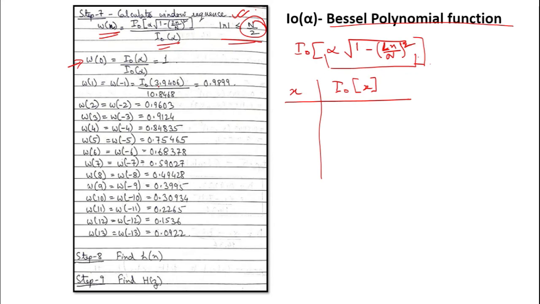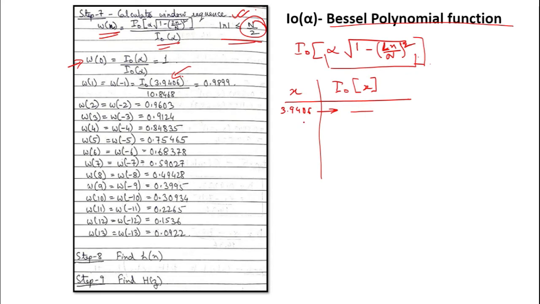Suppose here, if you see 3.9406, for this we will be having a specific value. So a table will be given, which is called the Bessel polynomial function table. I forgot to bring that table over here, so I will share that PDF file with you next.